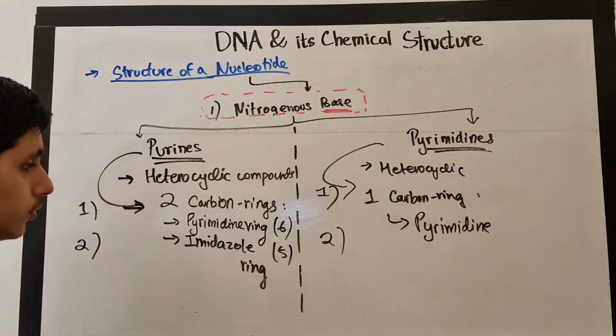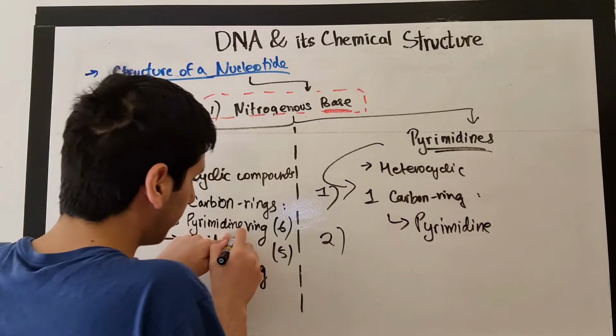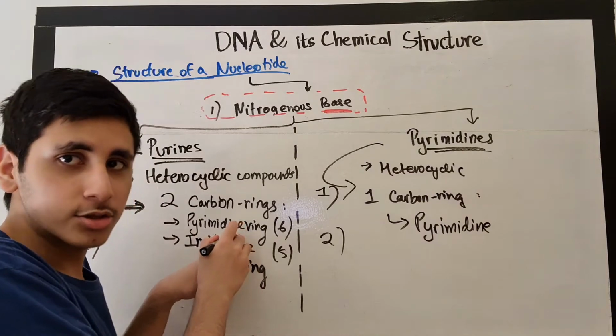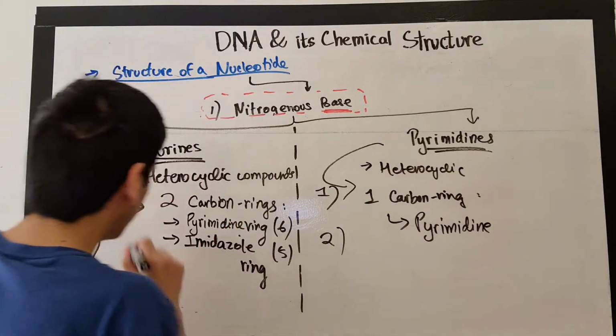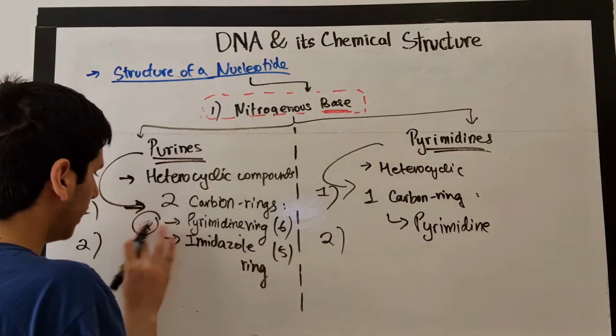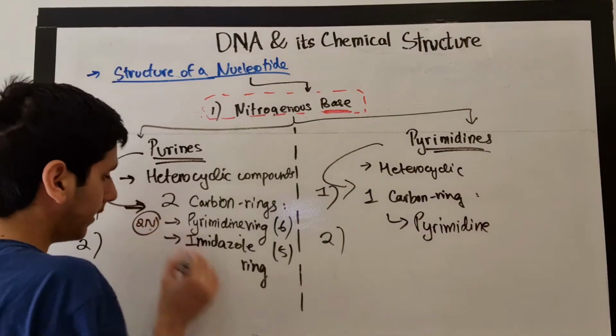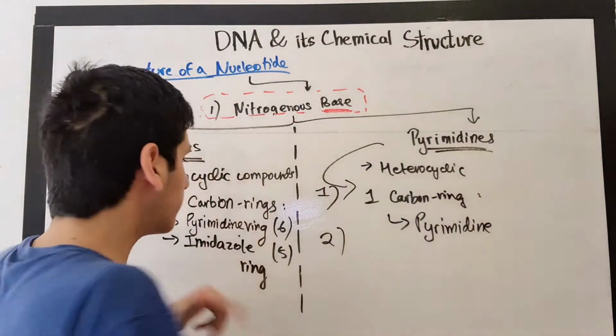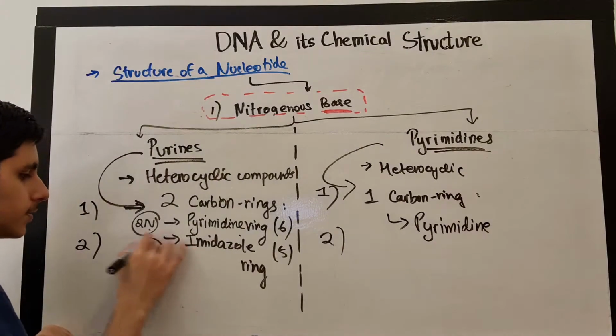Now, you might be thinking that the pyrimidine ring in a purine should also have 2 nitrogen atoms, and that's correct. And because there are 4 in total, the imidazole ring would also have 2 nitrogen atoms.